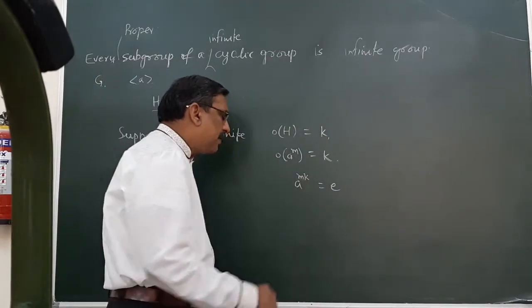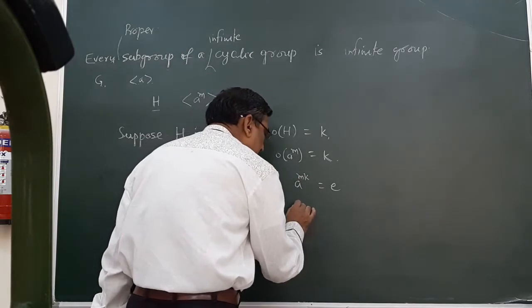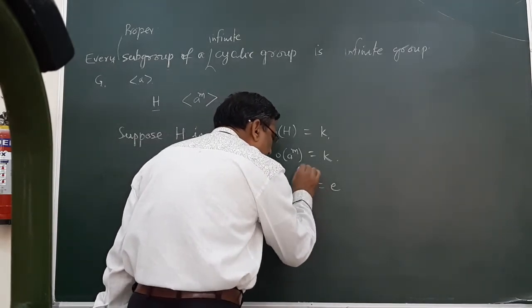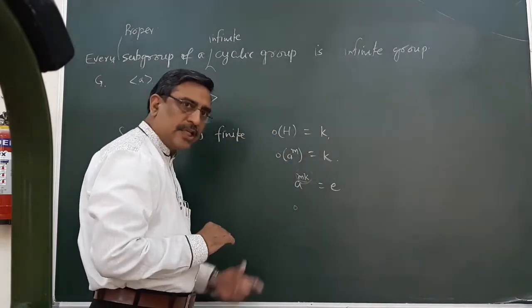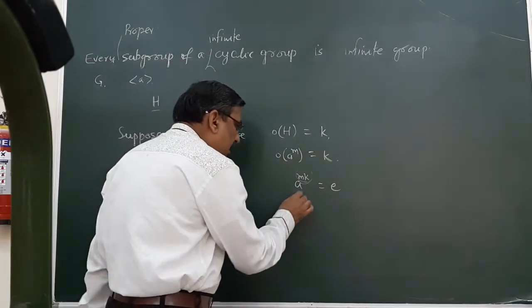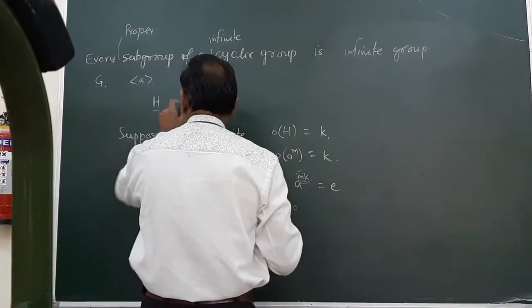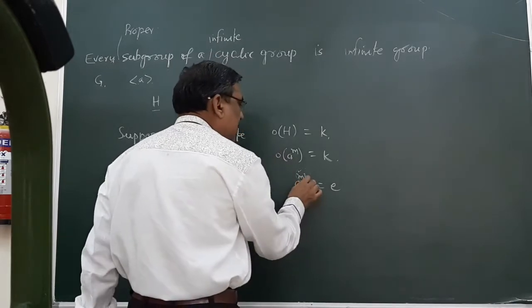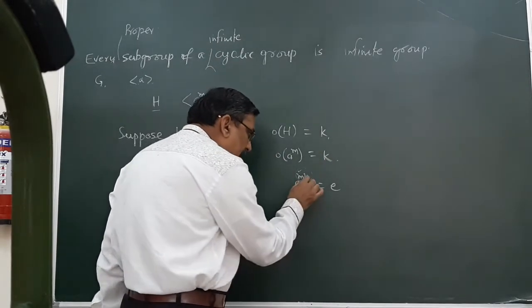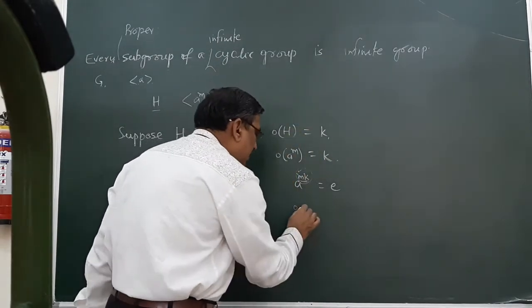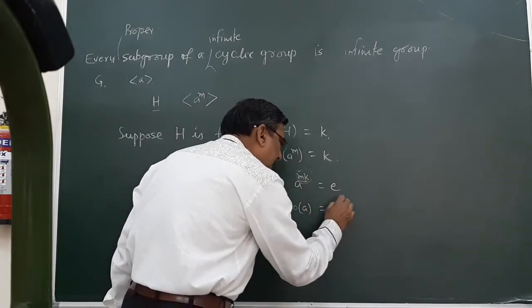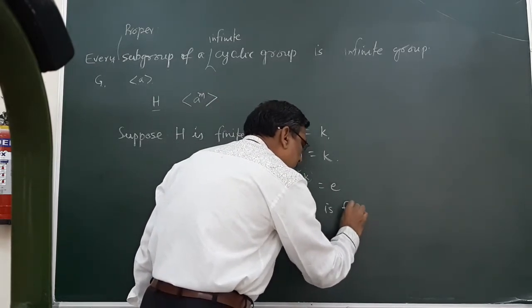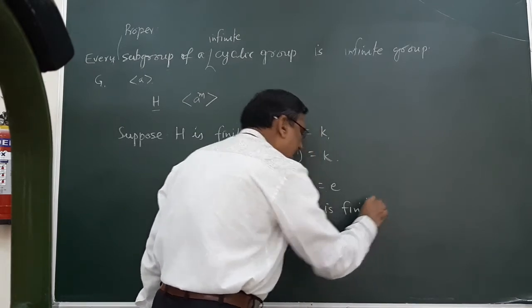A raised to the power nk is identity, and it means the order of this is finite. Here n is a fixed number, the lowest one, and k is an integer, so this being finite means the order of A is finite.